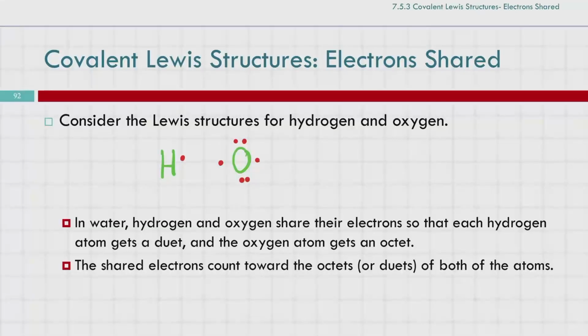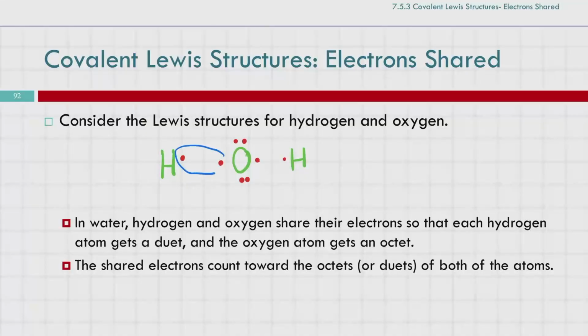In water, H2O, hydrogen and oxygen share their electrons. So we would have another hydrogen in here as well. This oxygen in the middle has 6 electrons. It wants 2 more electrons. It could steal them, but hydrogen is also a nonmetal, and so it's not going to be able to just steal them. It's going to have to share them.